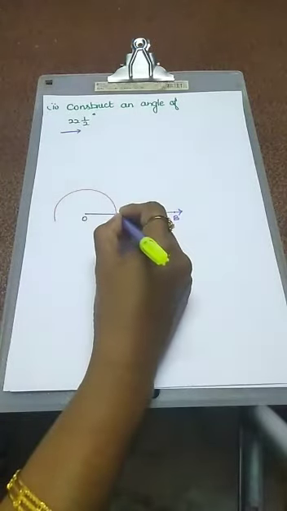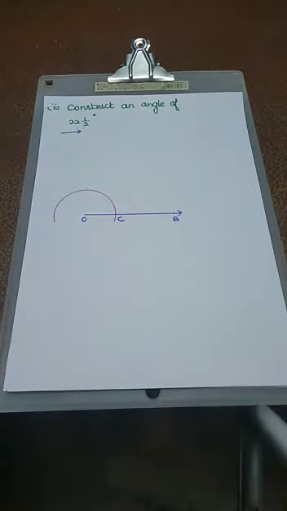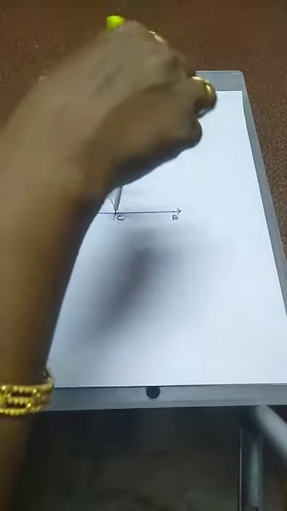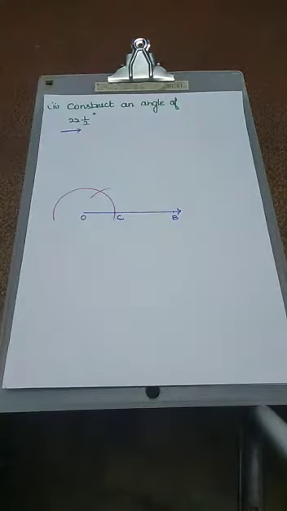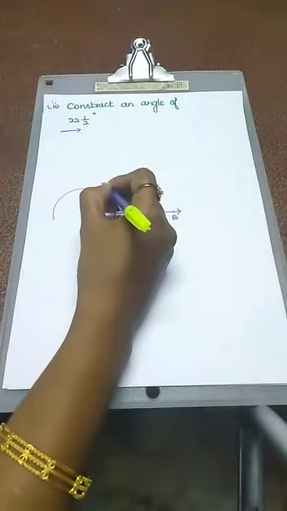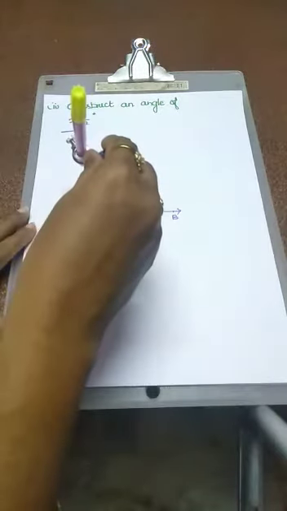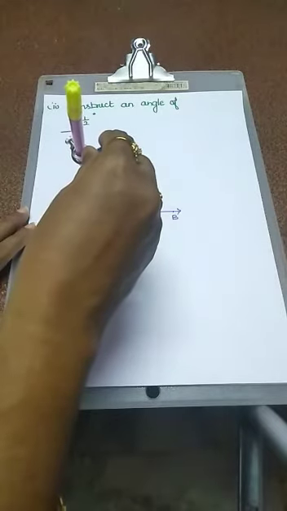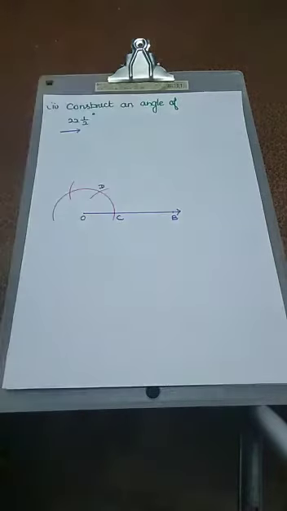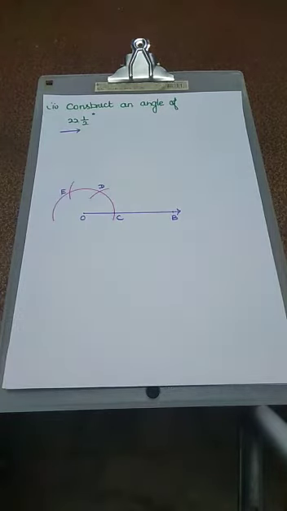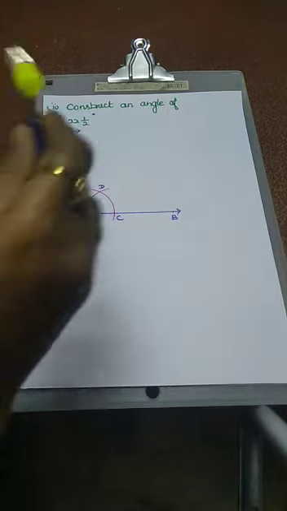This is C. With C as center, the same radius only we have to use. Draw another arc. This is D. With D as center, we have to draw another arc. The third arc, the name is E. Now with D and E as centers, we have to draw another two arcs.